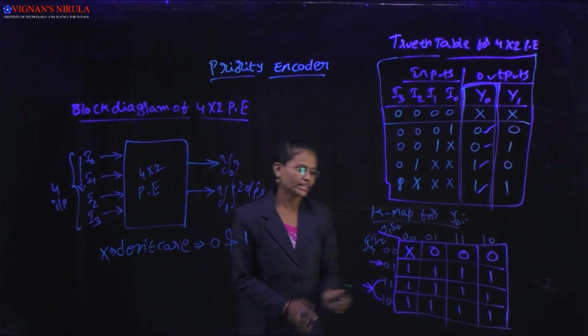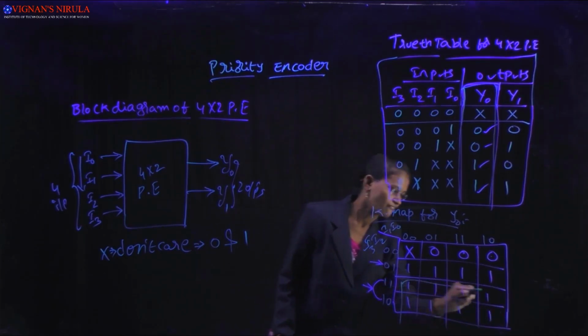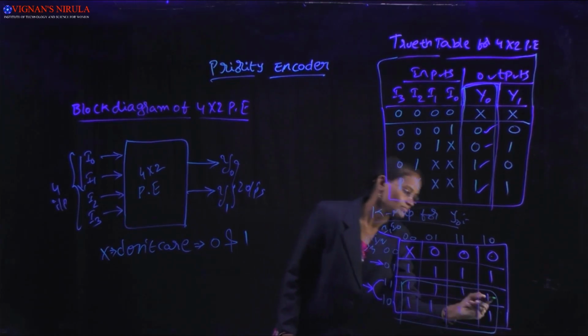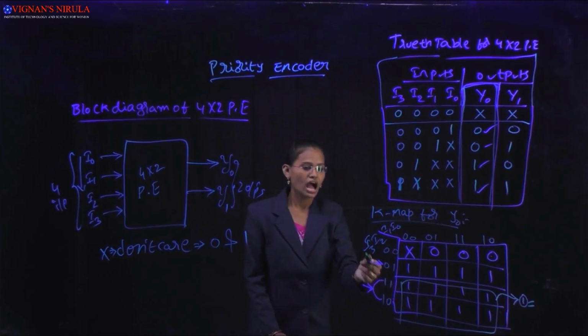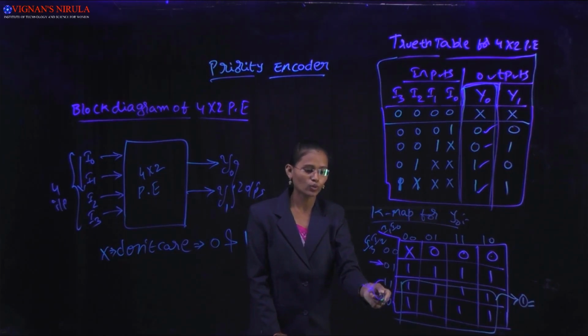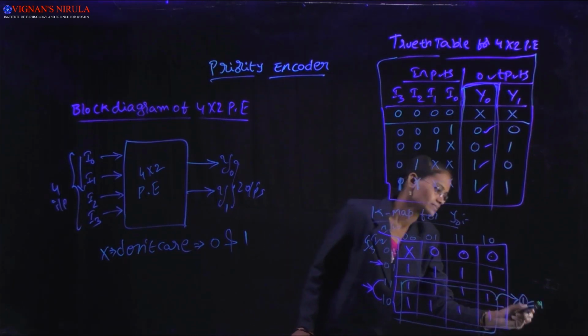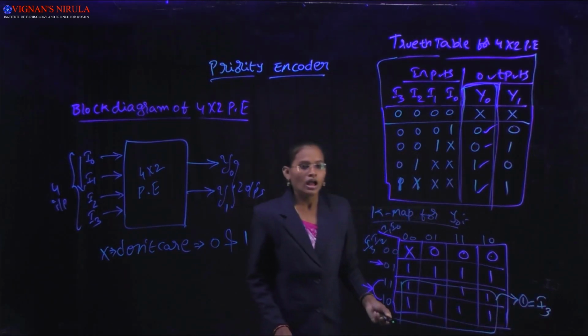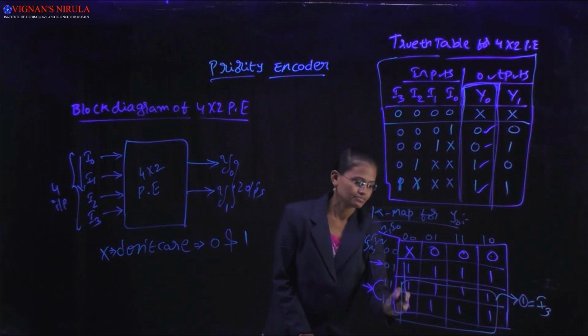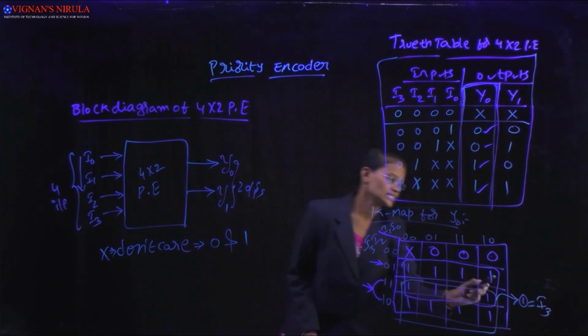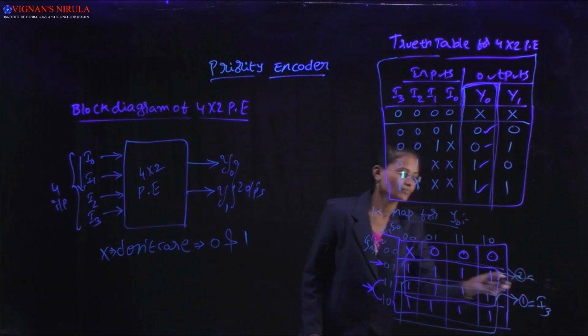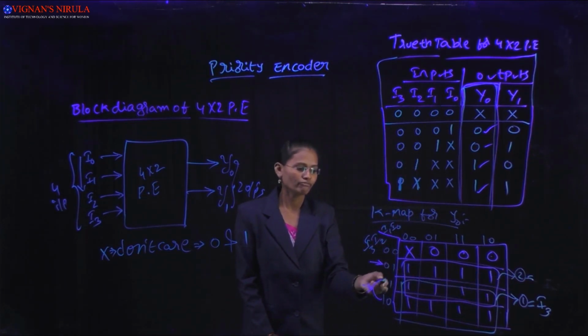How to do the grouping here? This is the first group. What is the equation here? I2 varies, and I3 is common, this is I3. And the next group is the second group, in this case 0, 1, 1, 1; the common variable is I2.